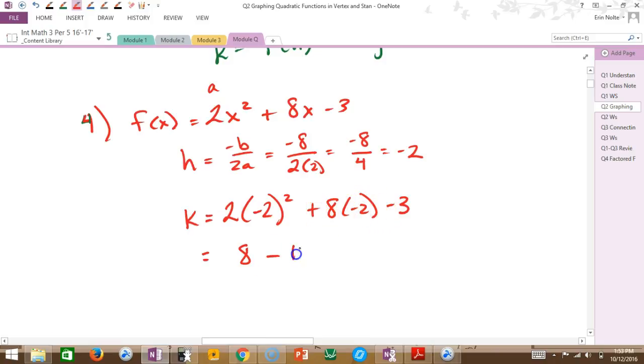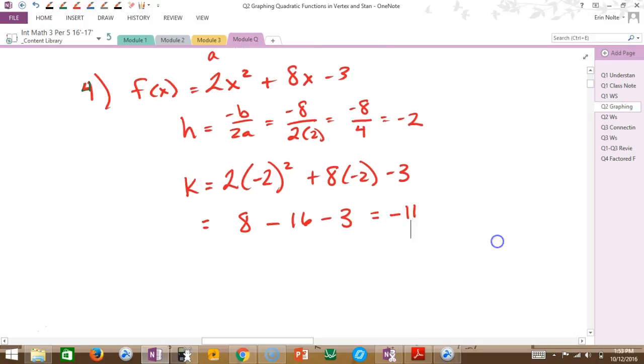So can I say minus 16? Minus 3. So what is 8 minus 16? -8 minus 3? -11. Oh, my bad. It happens to the best of us. So what we just found is that our vertex is the point -2, -11. Which is not a great vertex because I made this point up, but we can work with it.